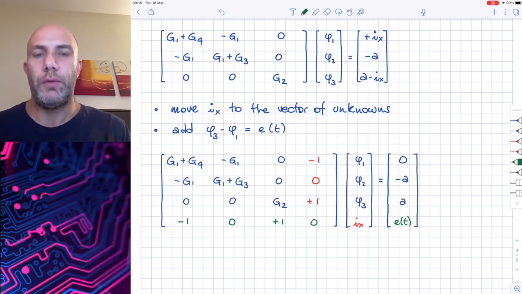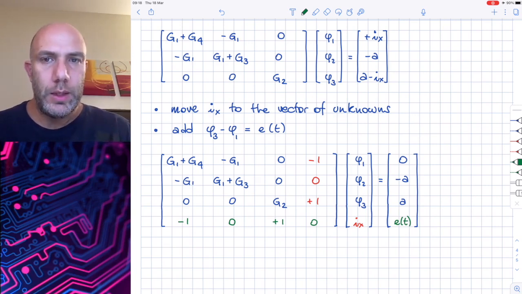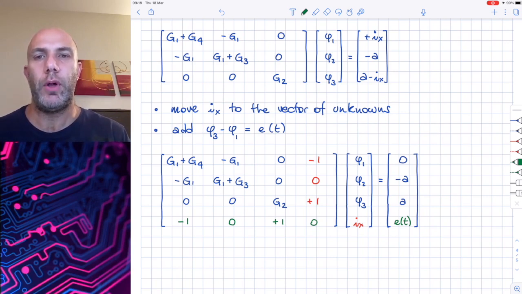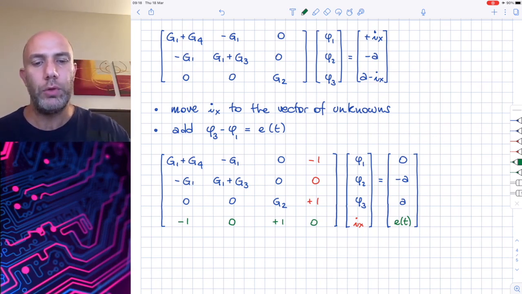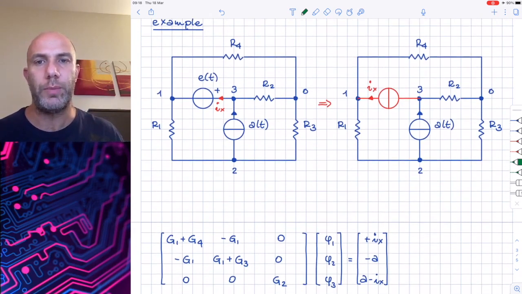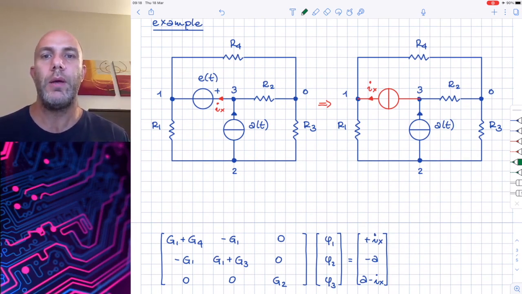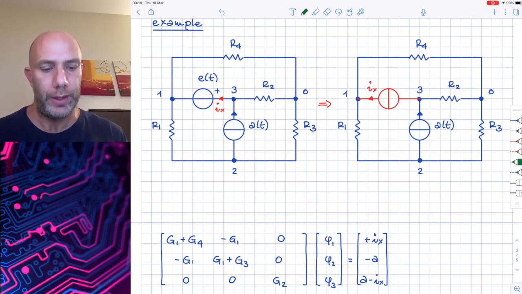So, if we want to solve a circuit with a voltage generator and a current generator using the nodal equation, what we have to do is first transform the voltage generator virtually into a current generator, but with an unknown current.